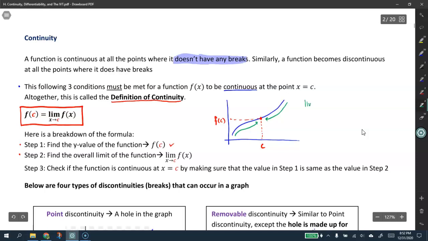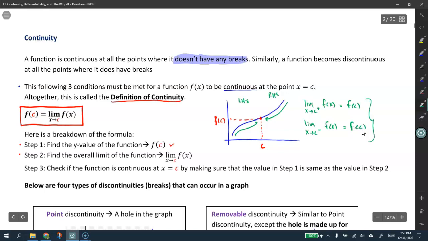Notice that in this situation, if you approach from the right-hand side of c, you end up with the answer f of c. And if you approach from the left-hand side, to the left of c, you end up with the same exact y value.